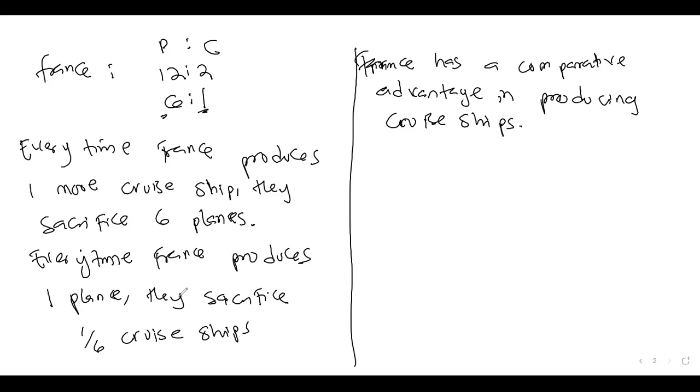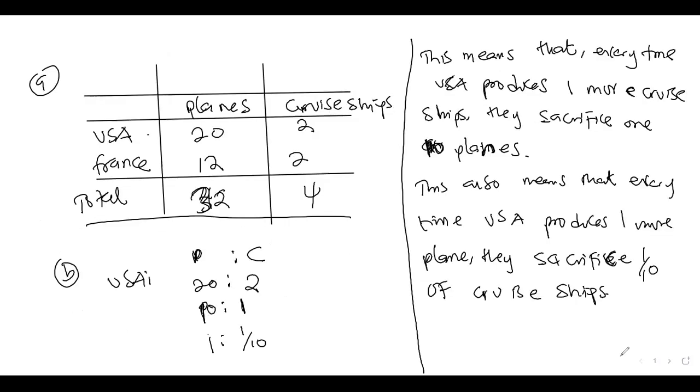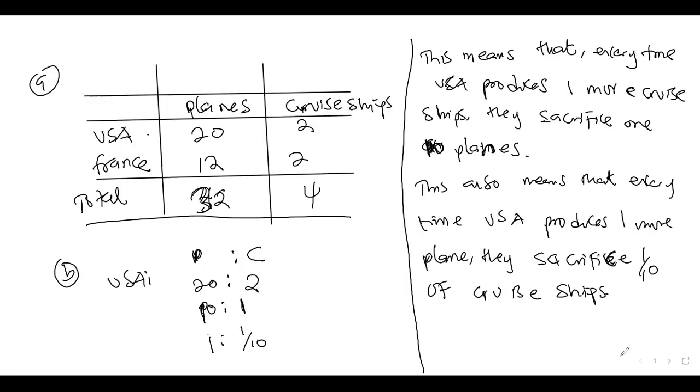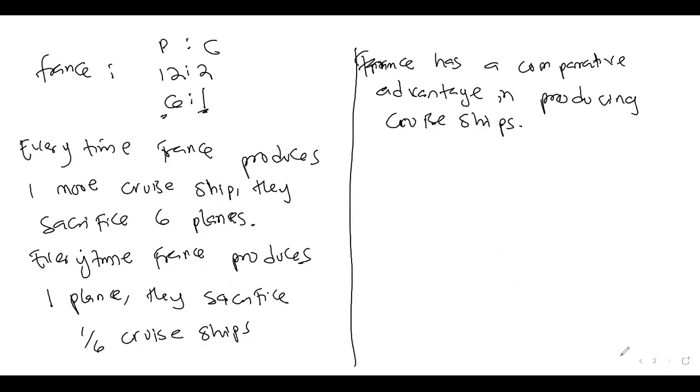If you punch your calculator, 1/6 is greater than 1/10. So it costs US relatively less opportunity cost to produce one plane as compared to France. Because if US produces one plane, they sacrifice 1/10 of cruise ships, but if France produces one plane, they sacrifice more, 1/6 of cruise ships.